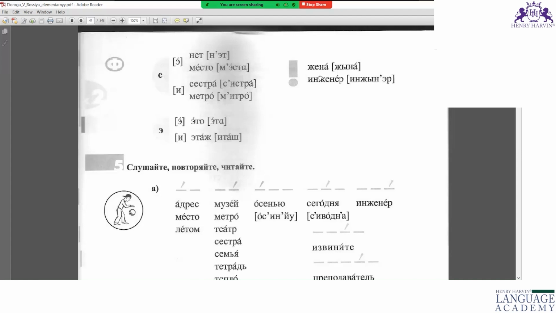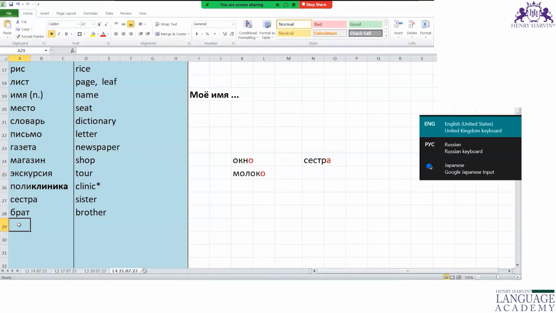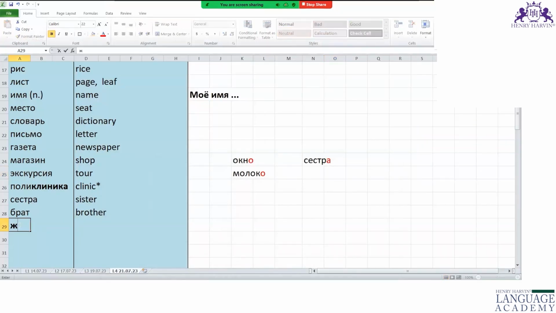Жена, инженер. Again, you do not hear E in жена, инженер. You hear some I. But it's not written I here in the transcription, because according to the rule, after letter Ж, we never put letter Ы, but we put E. Okay, so жена is wife.